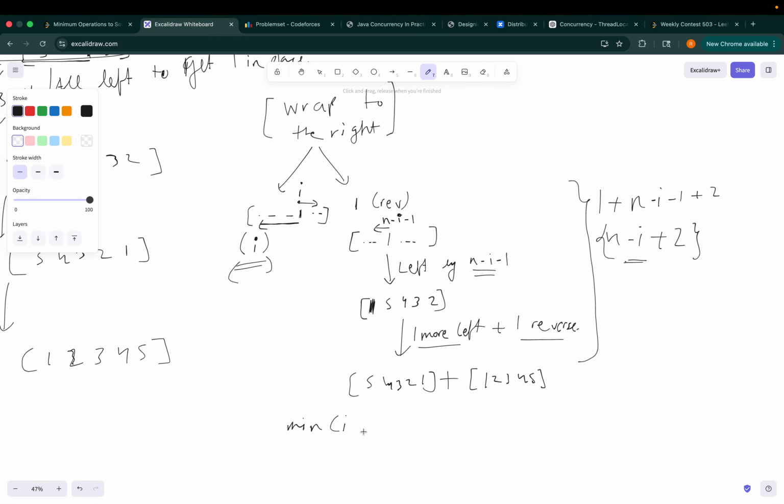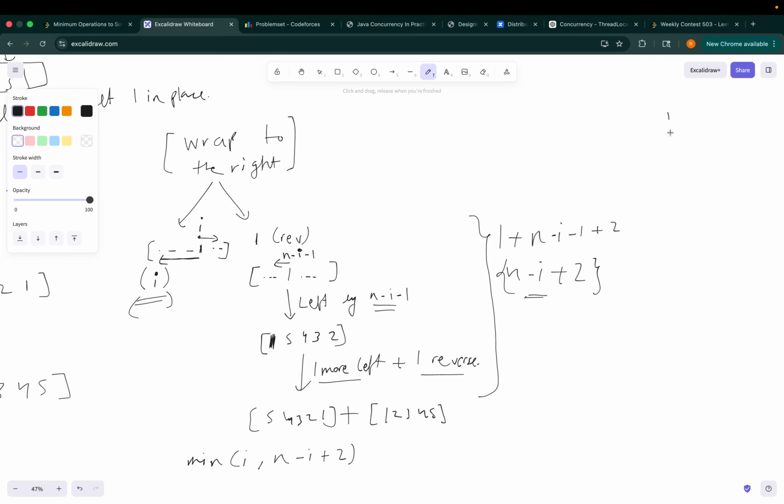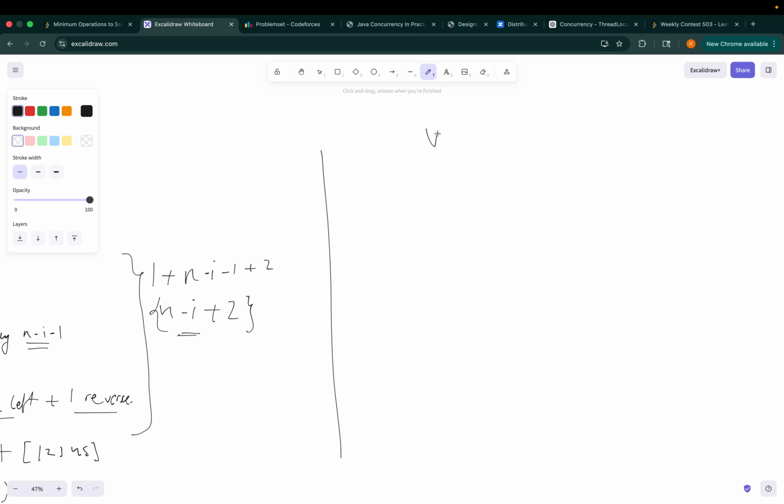Let's take the minimum of I and n minus I plus 2. And similarly, we have to think of the case where the array was originally wrapping to the left.